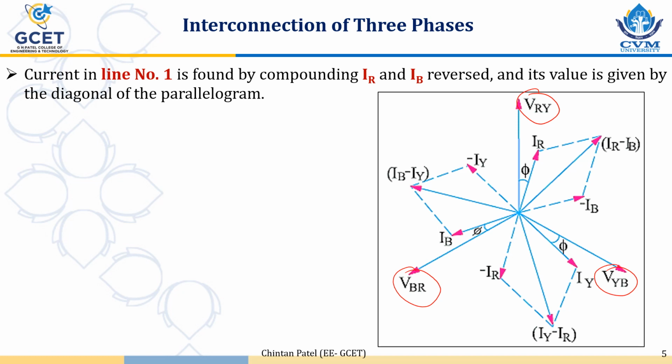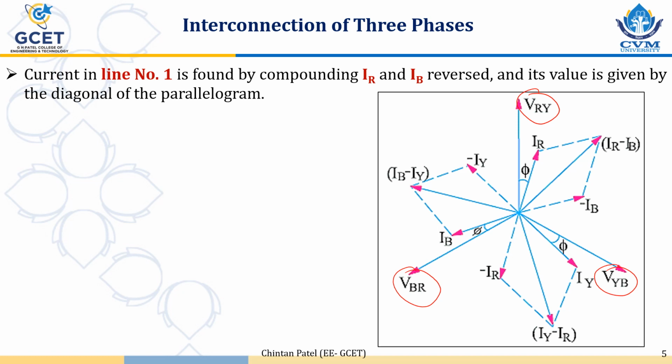But here, this phase current lags behind the phase voltage by angle phi, and phi is less than 90 degree. So IR lags behind VRY by phi, IY lags behind VYB by phi, and IB lags behind VBR by phi. All the three current vectors are shown.